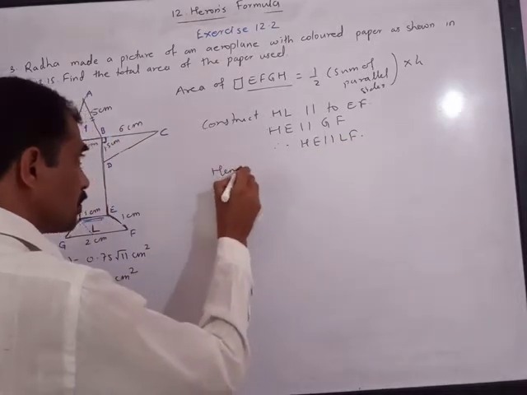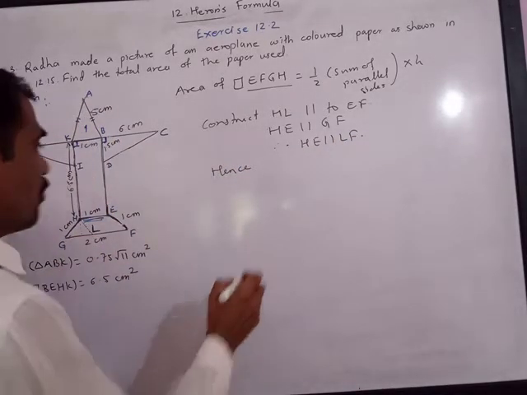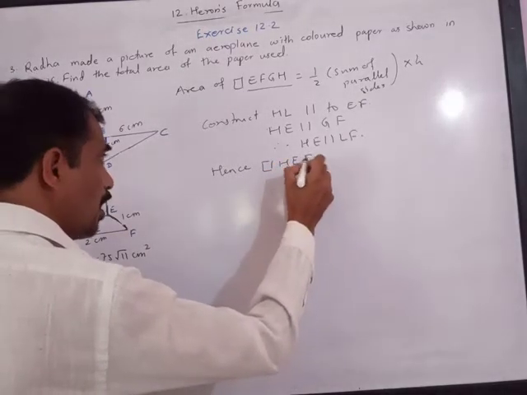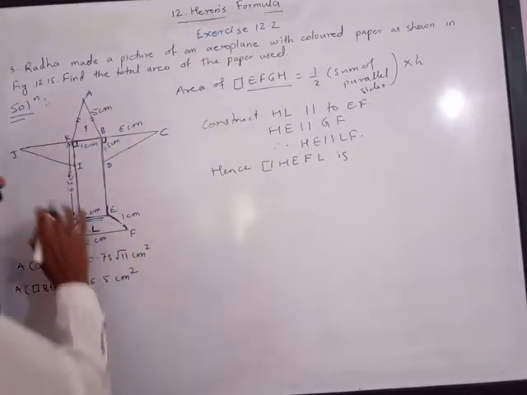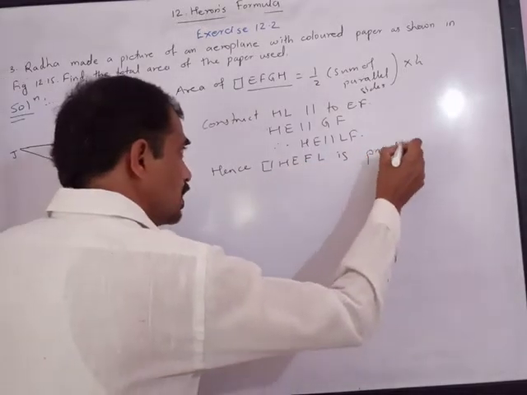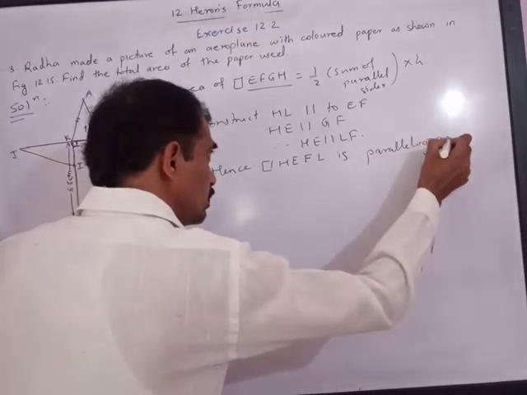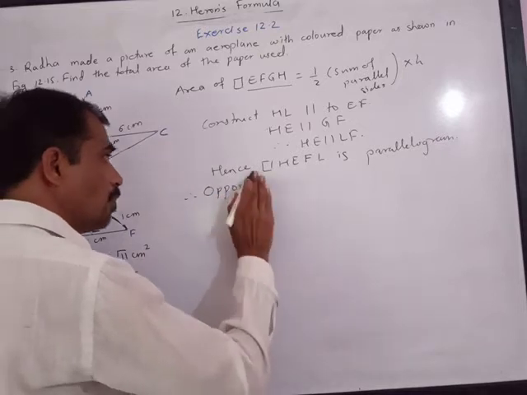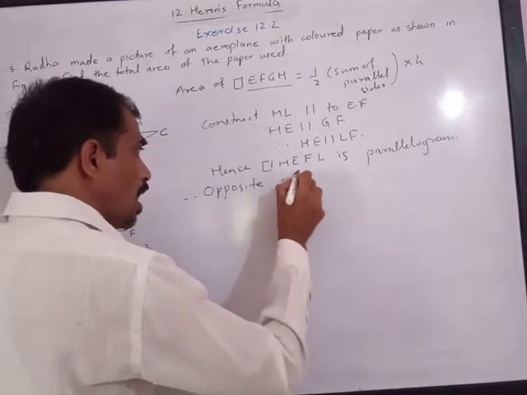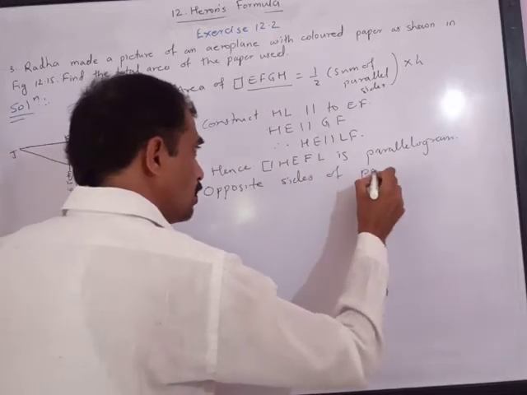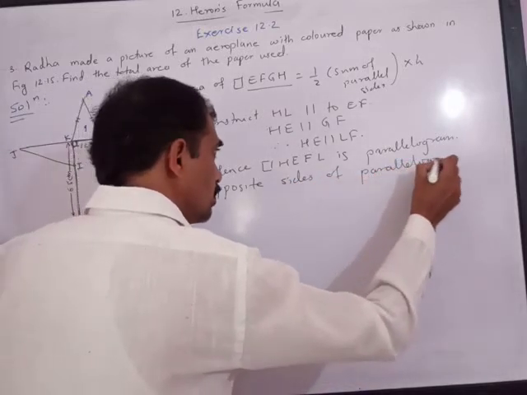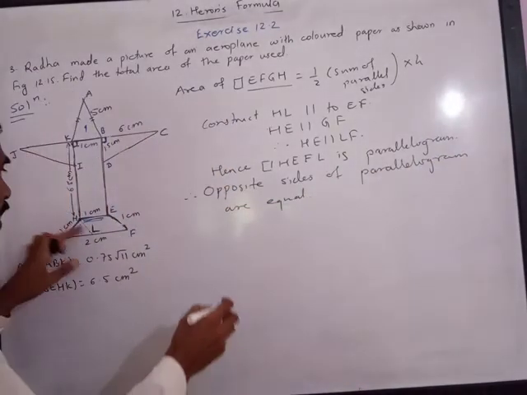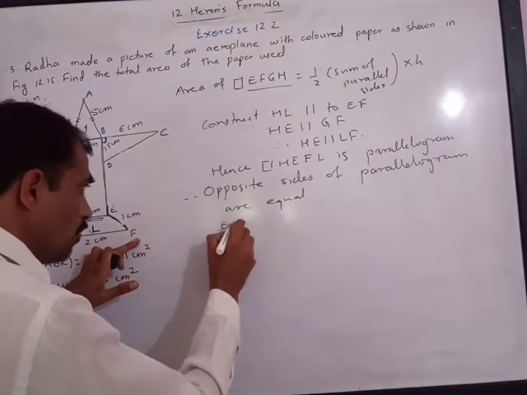Hence HELF is a quadrilateral, and HEFL is a parallelogram. And opposite sides of a parallelogram are equal. Therefore, EF is equal to 1 centimeter.